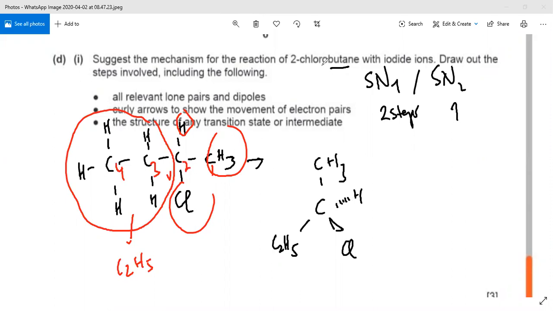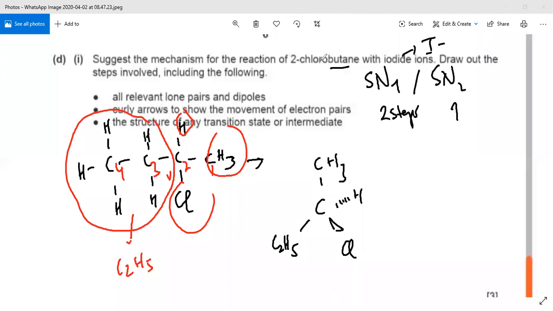Now, with iodide ions, actually I minus, I have to show the lone pairs. Because I have Cl and C in this 2-chlorobutane, there will be different polarity between chloro and carbon.